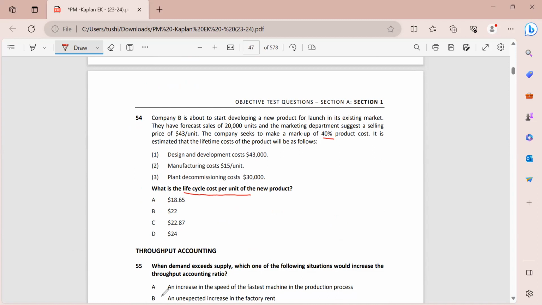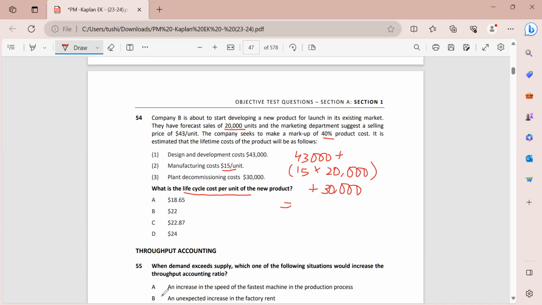Okay. So first of all, let's have a look. The selling price has been given to us. So first of all, let's total all of the costs up. So $43,000 is my design and development. Then manufacturing is $15 per unit. How many units are we forecasting? 20,000. So 15 multiplied by 20,000 will give me my manufacturing costs, and then decommissioning is $30,000.